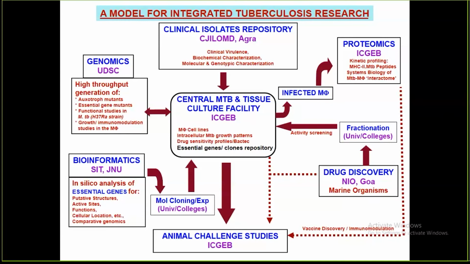All these mutants will come back to ICGEB for study of the intracellular growth pattern and so on and so forth. And then, of course, functional studies in MTB H37Rv about how important these essential genes really are functionally. So you can see that there is an emphasis on MTB here, there is an emphasis on the macrophage here, and both of these studies sort of complement each other.